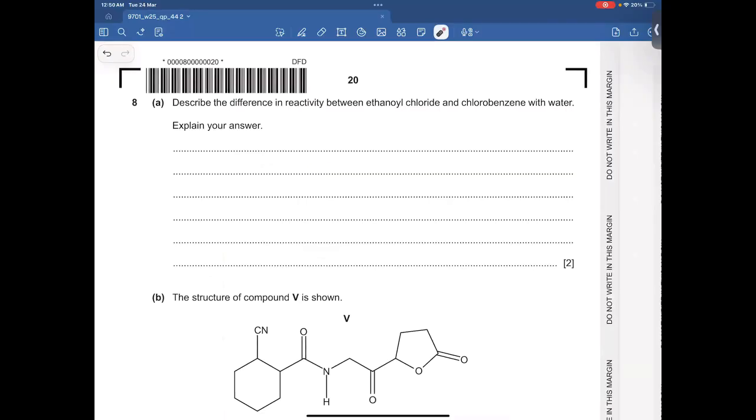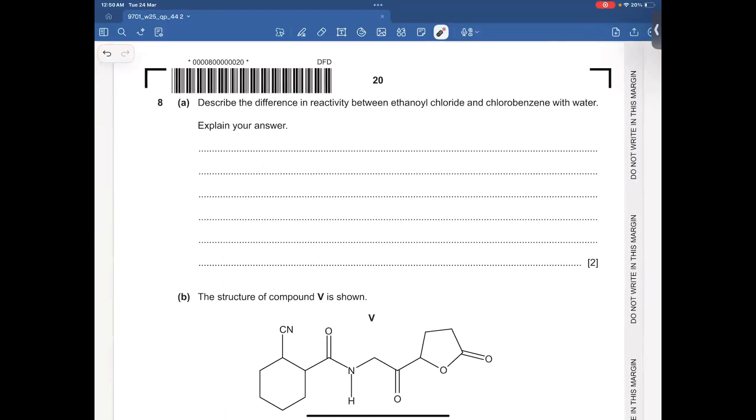Question number 8. My goodness. Describe the difference in reactivity between ethanol chloride and chlorobenzene with water.